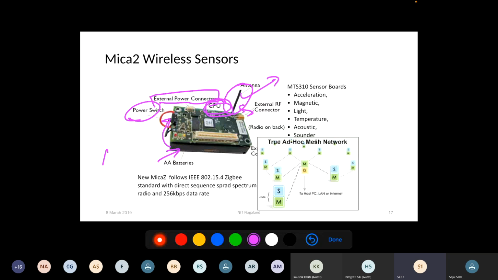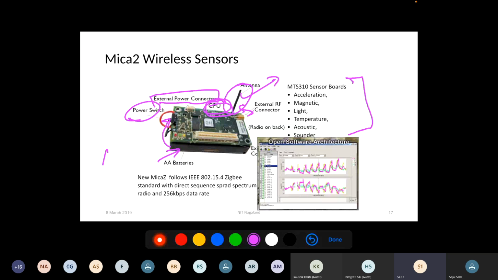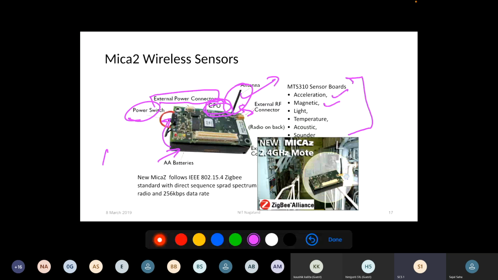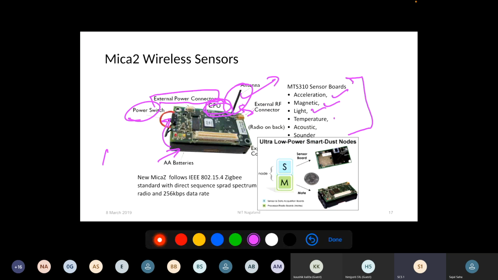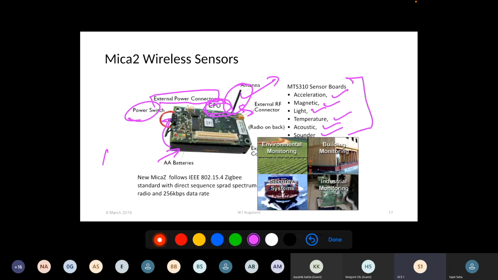Apart from this, there are the optional units: acceleration, magnetic, power options, then light, then temperature, then acoustic, then sounder. These are the optional units that are present within your sensors.